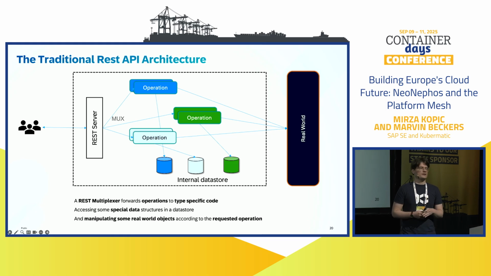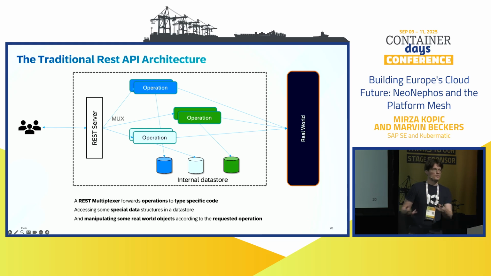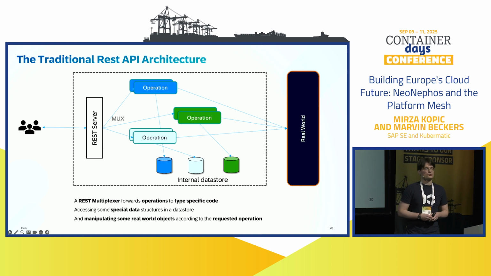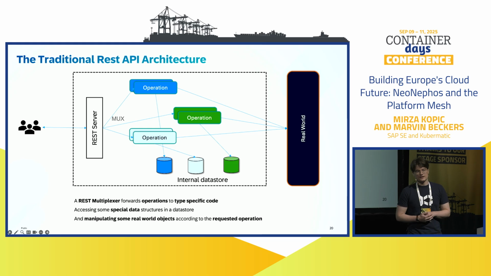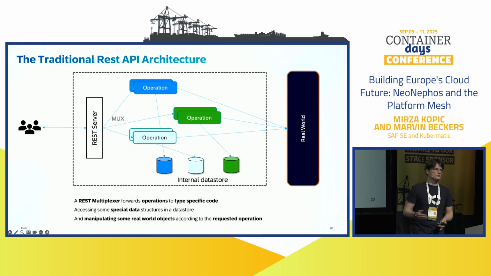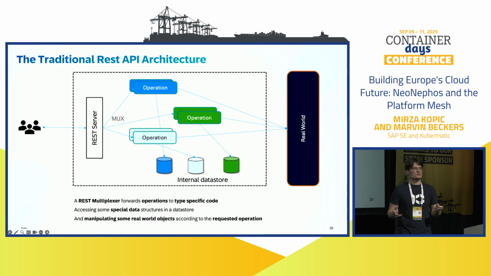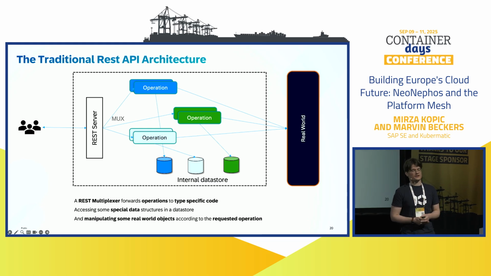That API server multiplexes your requests to different kinds of code in the background doing different operations. So you say, I want to create a database. That would call an operation in the background that runs some code to create a database. These often interact with an internal data store, maybe a SQL database, and with the real world to establish your database.